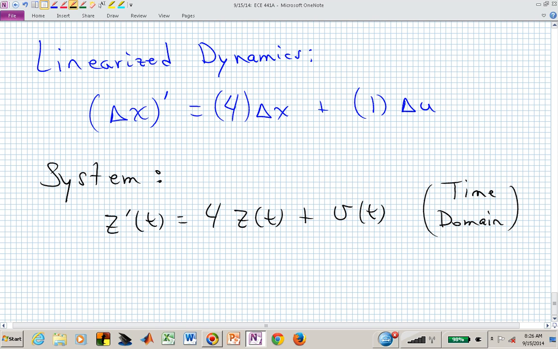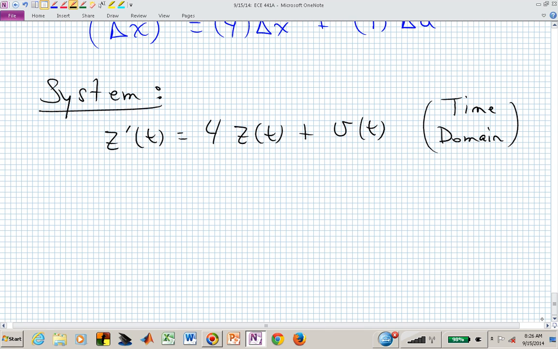We wanted to approximate this nonlinear system dynamics with linear dynamics, but we're restricting our attention to where this system is located in terms of its operating location. Now I could start asking you all sorts of questions relative to this system.